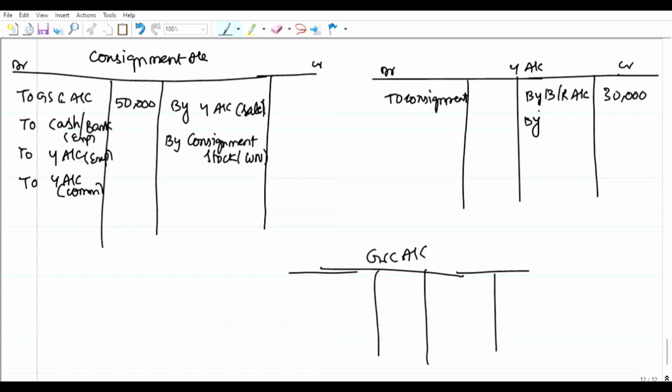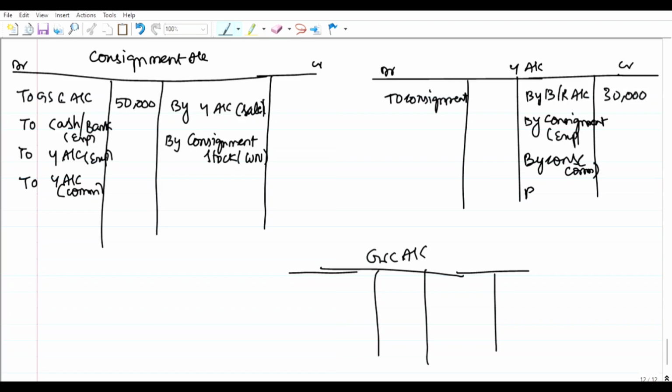And for the balance, by bank account we can write. Usually we may write balance carried down, or we may write bank, and in bracket we can write balancing also, no problem for that. You will not lose any sort of marks here.